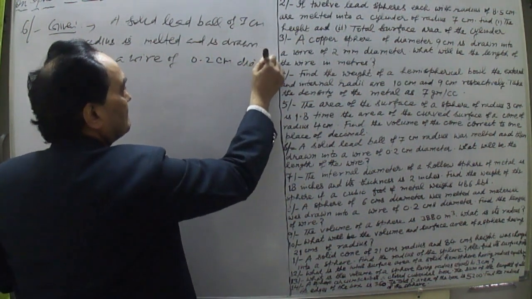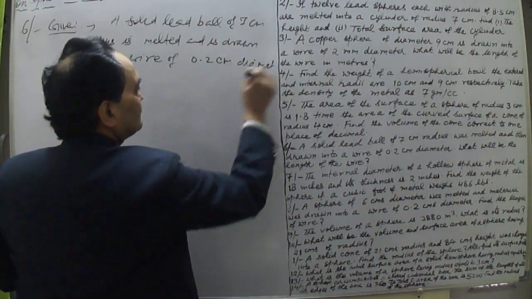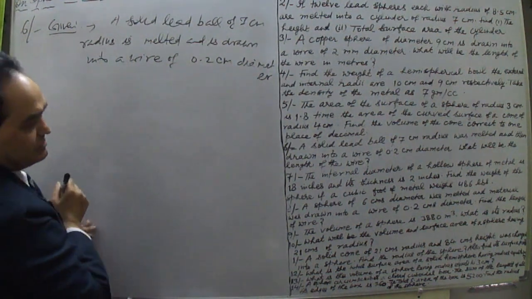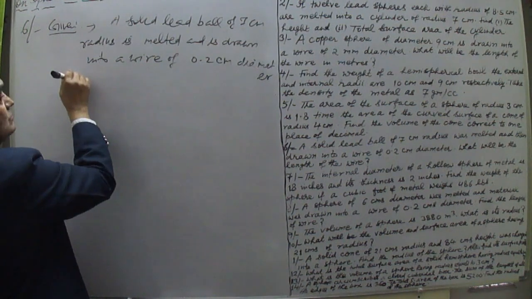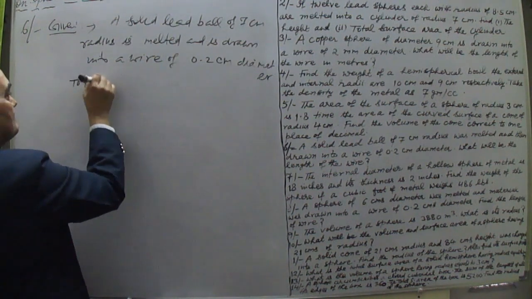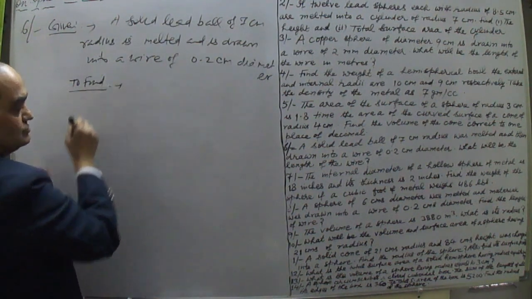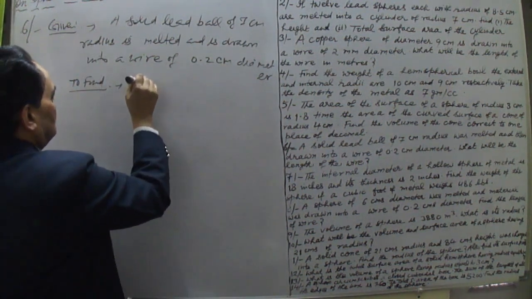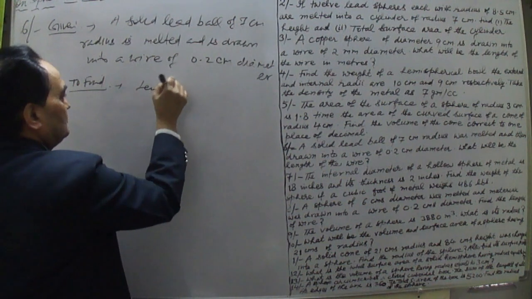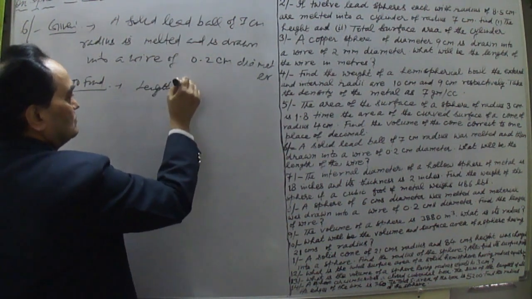So the wire's diameter is 0.2 centimeter. Now we have to find the length of the wire.